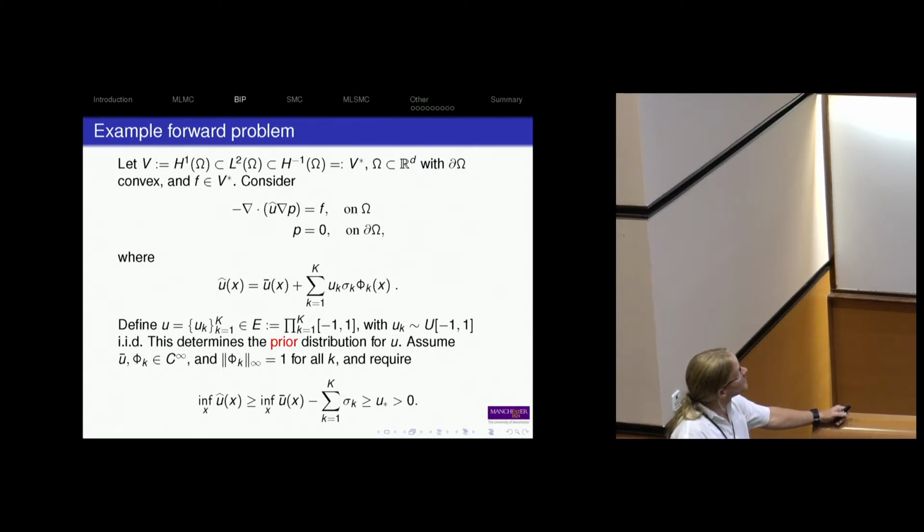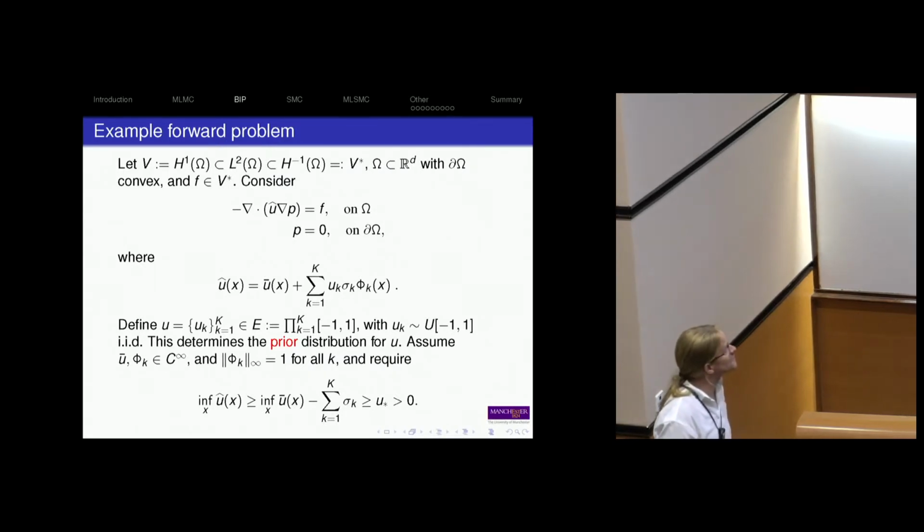So this u bar is a diffusion coefficient, which is given by some mean term plus something like a truncated KL expansion. We're assuming that u hat is living in a finite k-dimensional subspace of a function space. These sigma k are some coefficients.